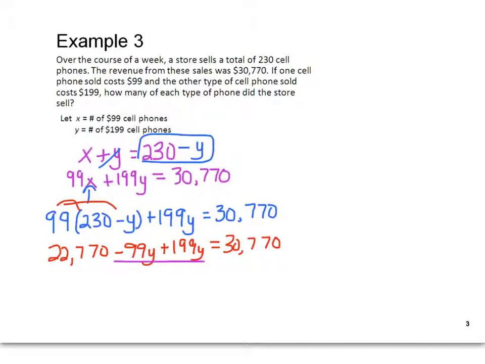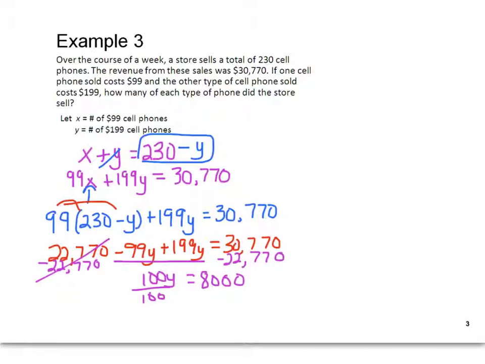I know that these are like terms, and together they'll give me 100y. I'm also going to move the 22,770 by subtracting it over to the right side, because it doesn't have like terms, so it has to be moved over. So 100y equals, that comes out to be 8,000.